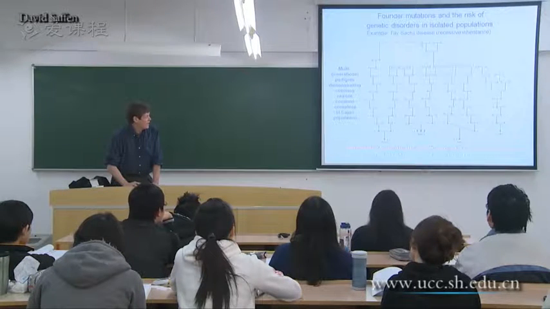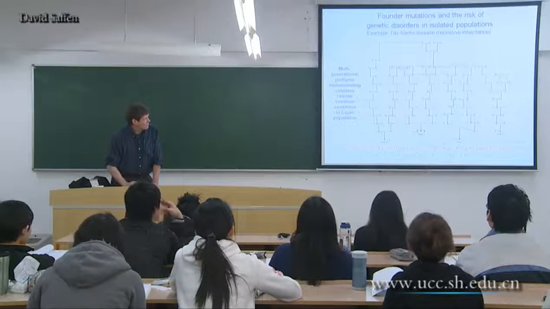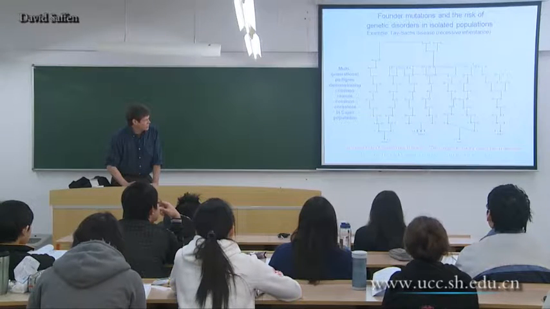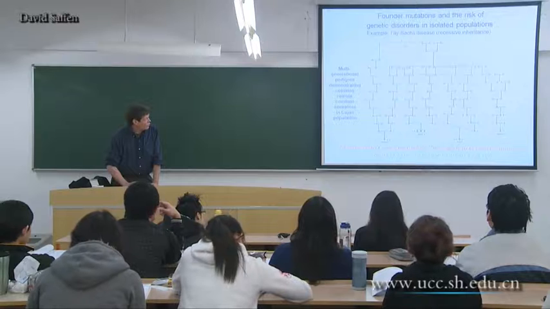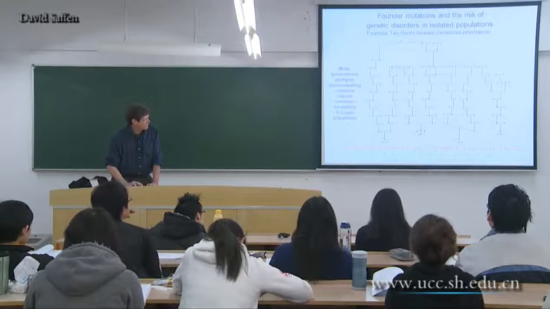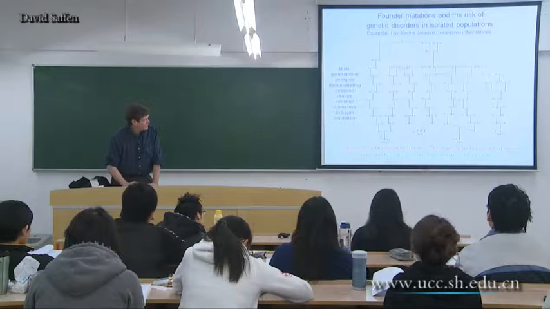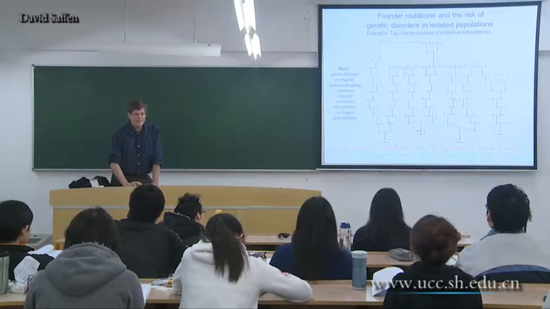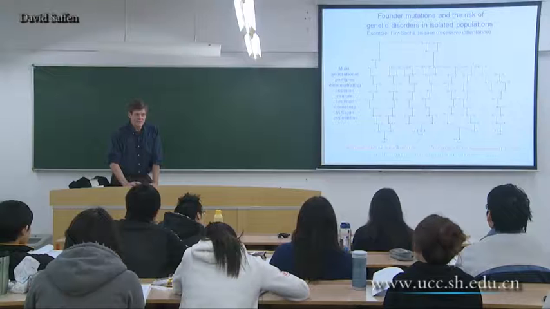Okay, and the mutated gene has come together, and then it causes these individuals to be affected. Now, when this occurs, when one individual gives rise to mutations that then come together later, these mutations are called identical by descent.